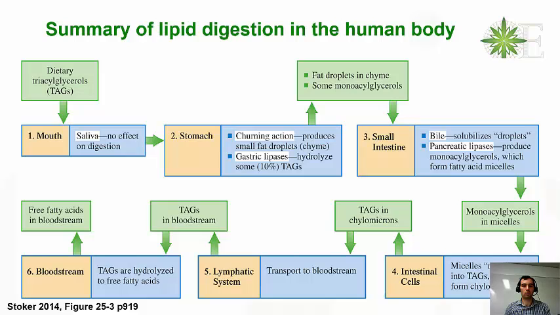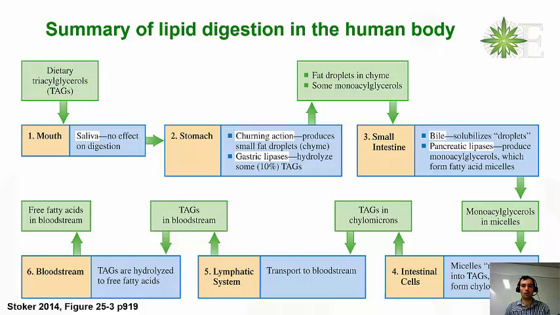The fat droplets start to disperse into the chyme, and we also have partial breakdown of the triacylglycerols into fatty acids and monoacylglycerols, thanks to our gastric lipases, which begin to break the ester bonds. Remember, there's an ester bond connecting the fatty acids and the glycerol.